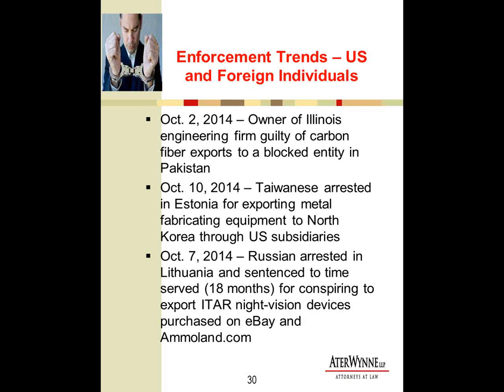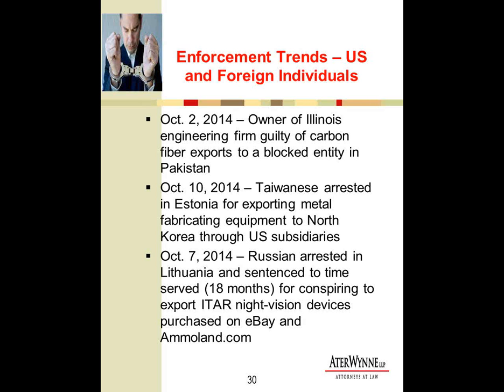That owner affirmatively evaded and knew that the recipient was a blocked entity, and yet evaded export controls and made exports anyway.